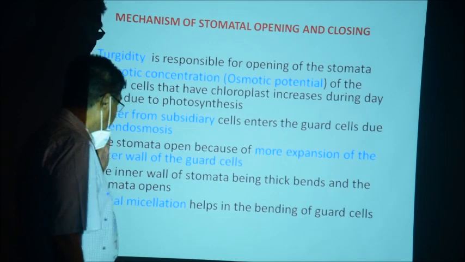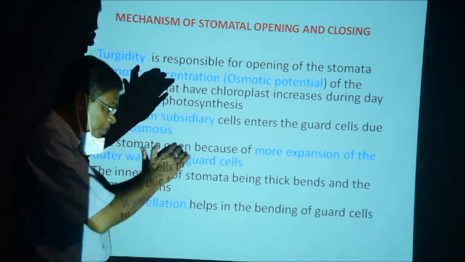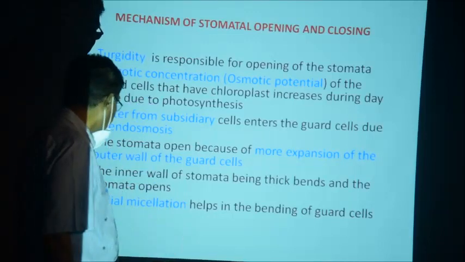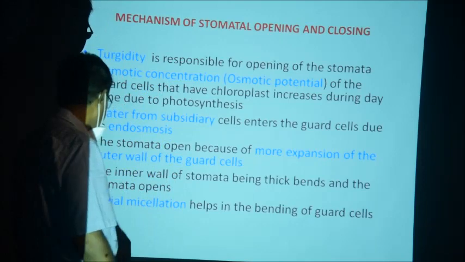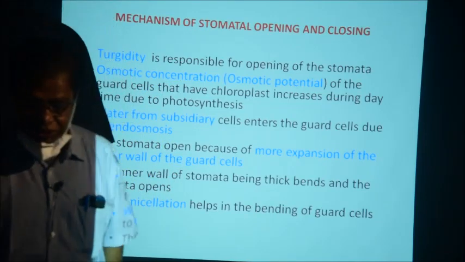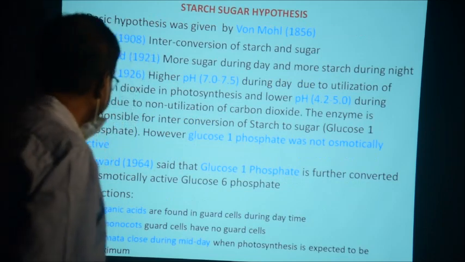The stomata open because of more expansion of the thin outer wall and the curving of the inner wall. I have already told you that this is because of radial micellation.